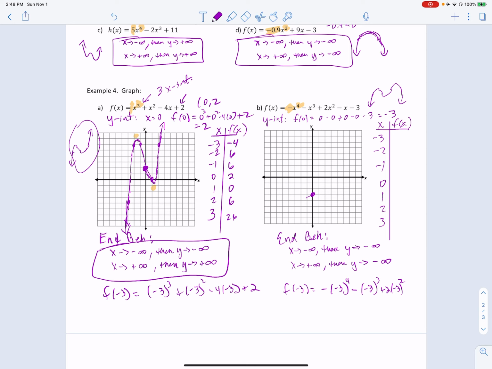Minus a -3 cubed plus 2 times a -3 squared minus the opposite of -3 minus 3. Kind of ran out of space there. And so if you evaluate that, you will figure out that this is -36, and then do that value by value. I've already pre-done them.